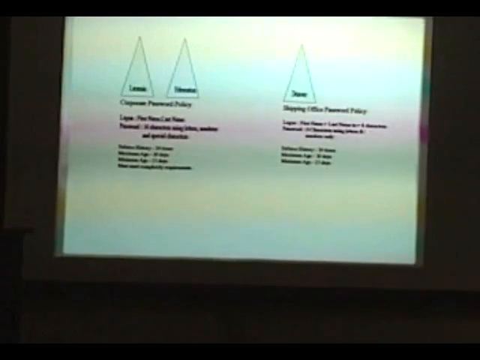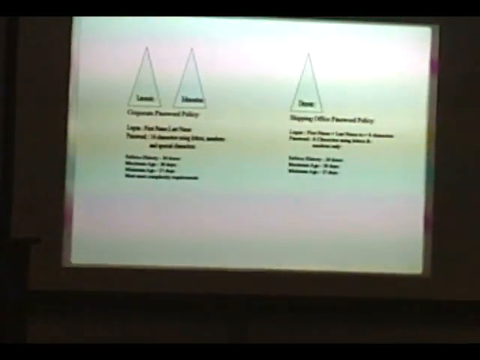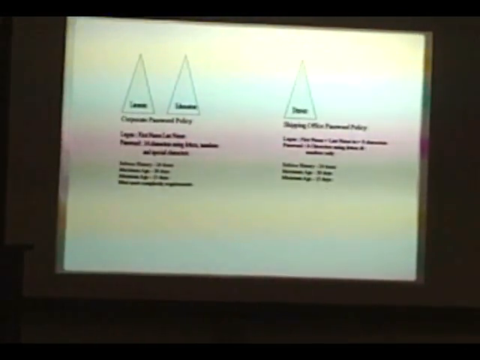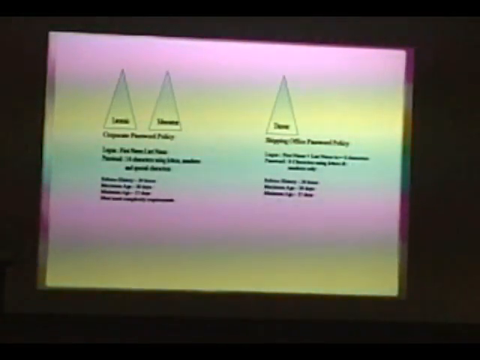The password history, or the number of passwords remembered, we set at 24, so that they had to change their password every 30 days. The minimum age on a password was 15. This keeps them from changing their password 10 times, 24 times, 25 times, so they use the same password again.